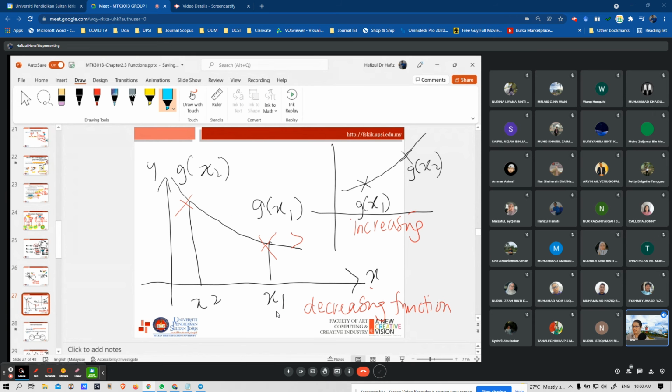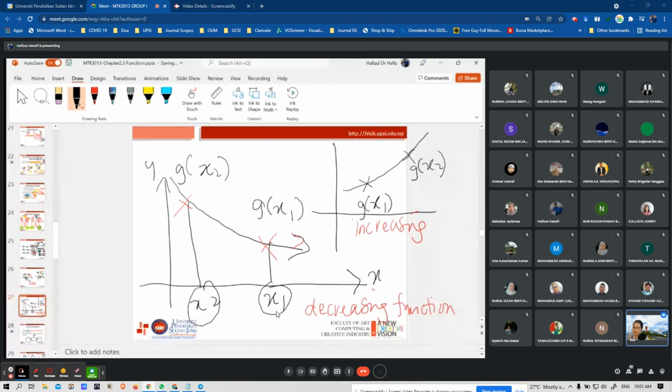Okay, another example, if we have function g(x1) and g(x2), and then we have x1 and x2, and then we map. The mapping will be decreased. If you map like this, g(x1), okay, and then after that is g(x2), the function slope will be increasing.